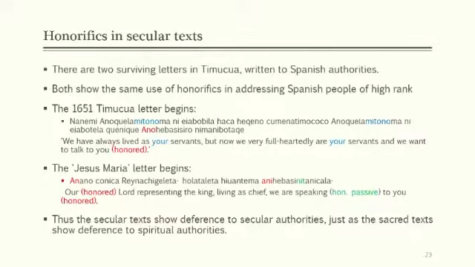This is addressed not to the king himself, but to his representative. And here we get the honored prefix, and here at the end, we are speaking to you, and we get both of these markers. So we get the ni honorific passive as well as the on prefix here. So the secular texts show deference to secular authorities, just like sacred texts show deference to spiritual authorities.